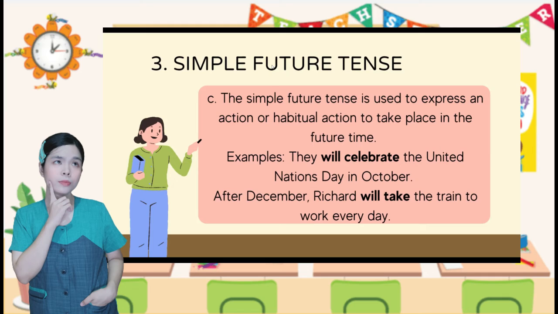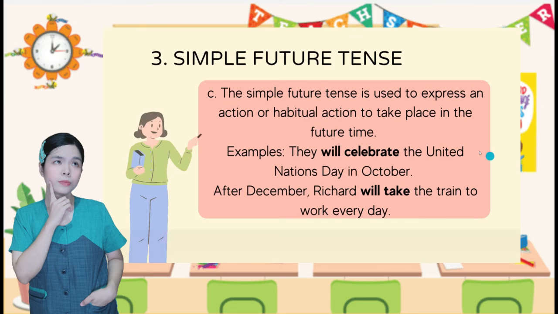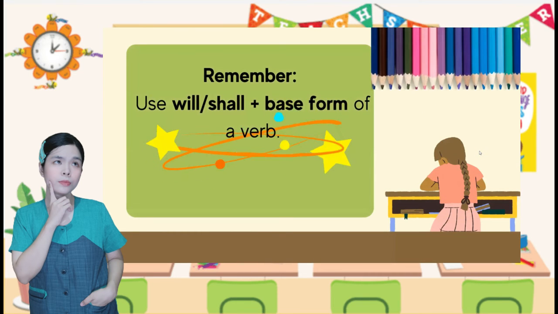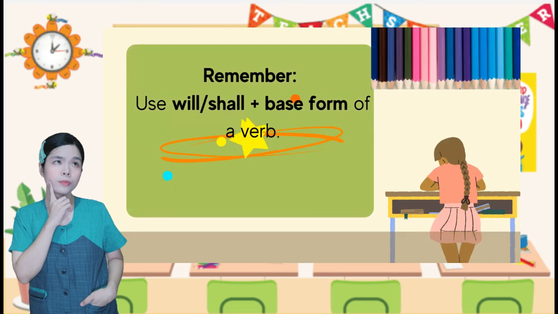There is also a rule whenever we form the simple future tense. As you notice, class, we use will. In forming the simple future tense, we use will or shall plus the base form of a verb. In the traditional rule, we use shall if the pronouns are I or we, plus the base form of a verb.